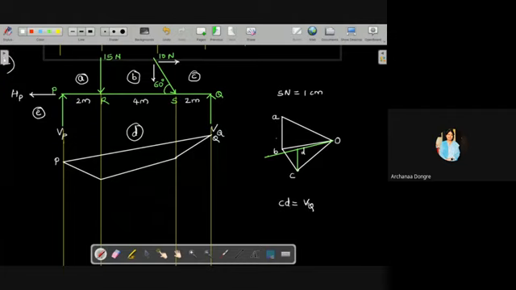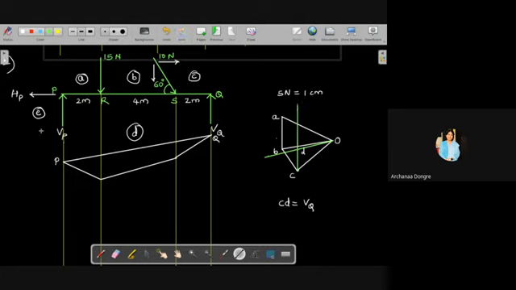Now from D to E, there is the reaction VP. So the E point we have to plot. Again, it is a straight line, so just draw a straight line from here. Straight line we have drawn.